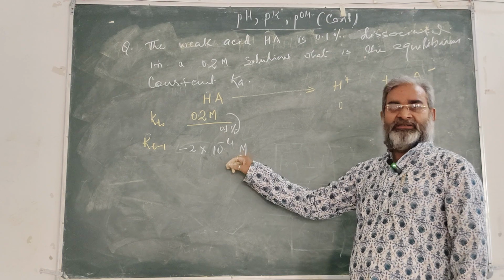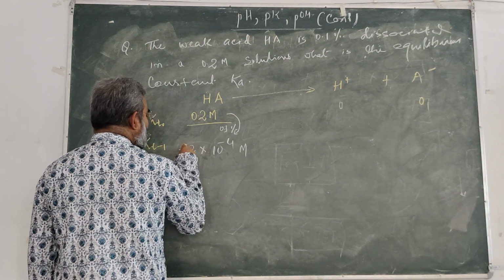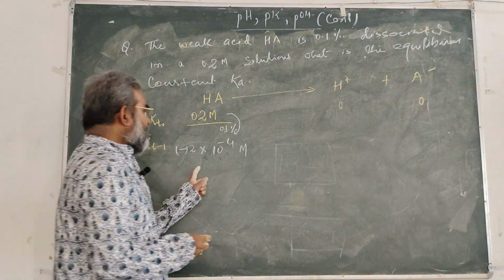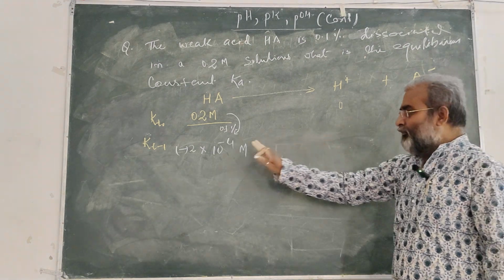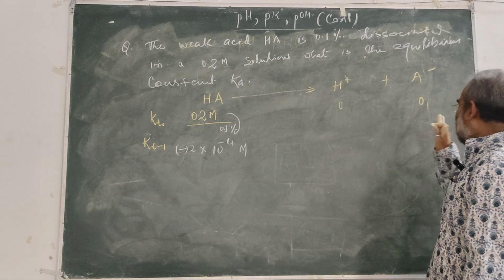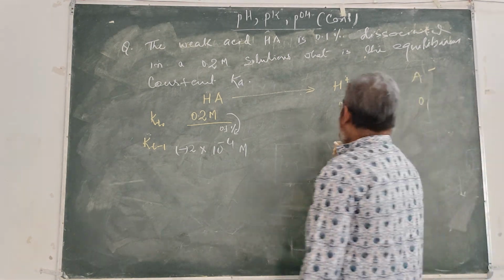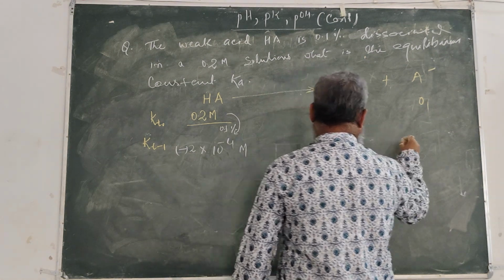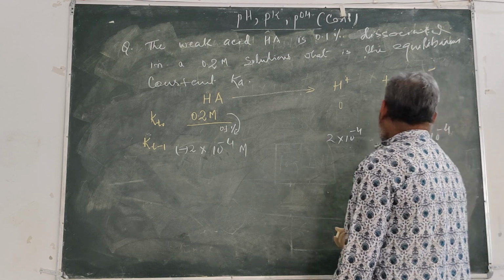Here it is dissociated. That means it is reduced. It is minus. And here the same value is converted. Here the molar value. That means the same is for the H plus and same is for the A minus. Here it is 2 into 10 minus 4. Here again 2 into 10 minus 4.